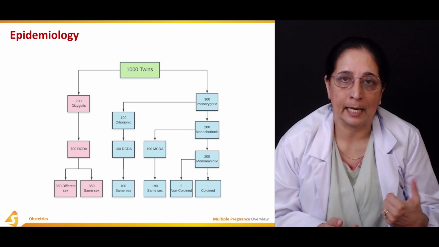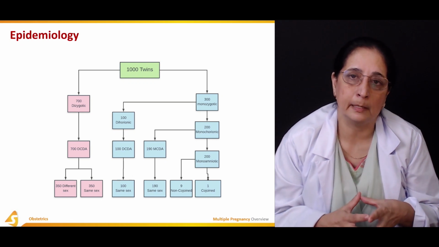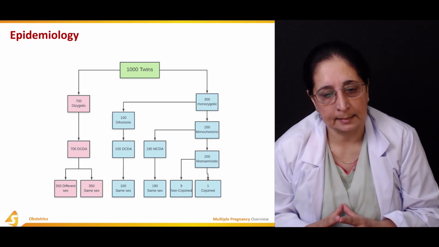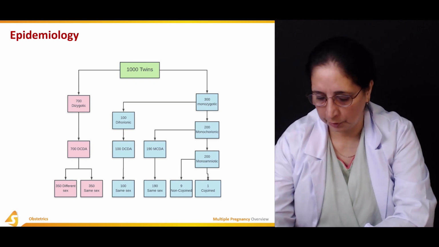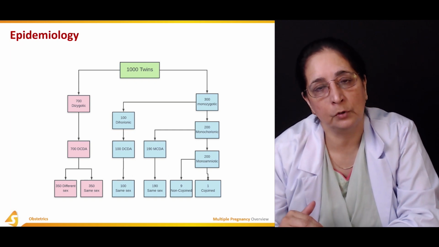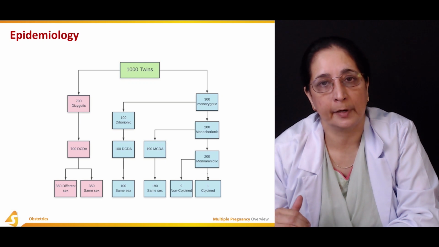Of the dizygotic, half will be the same sex and half different sex. So that's the epidemiology of twin pregnancies if the sample is 1,000 twin pregnancies.